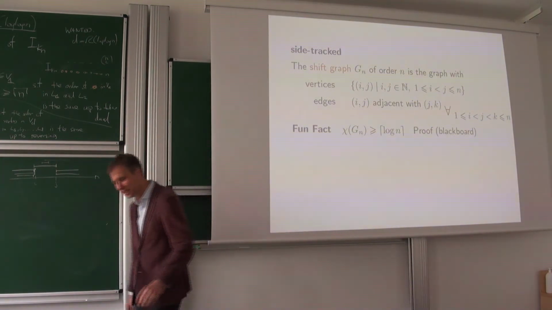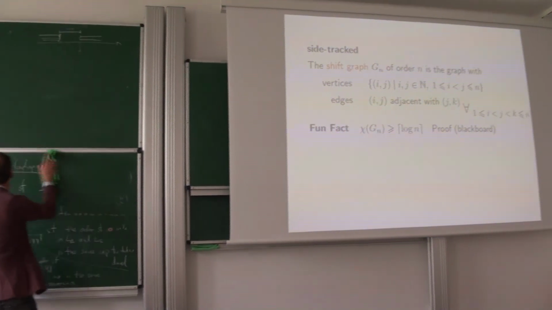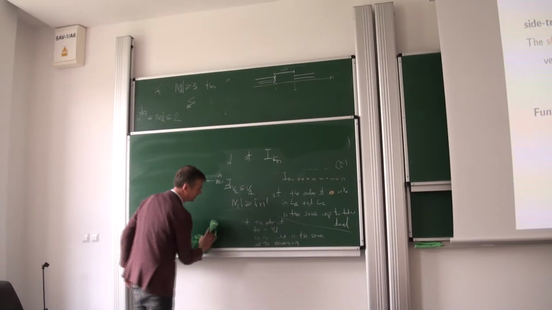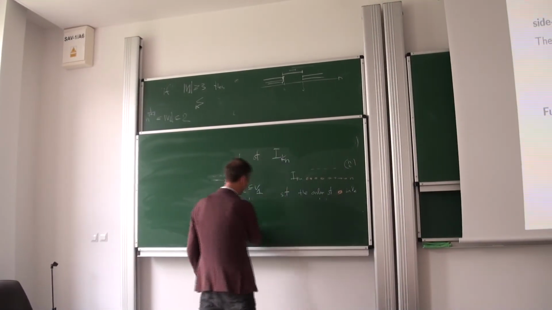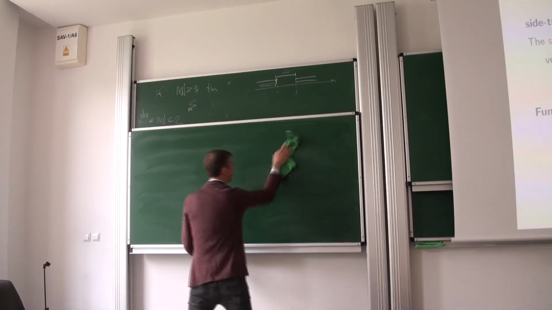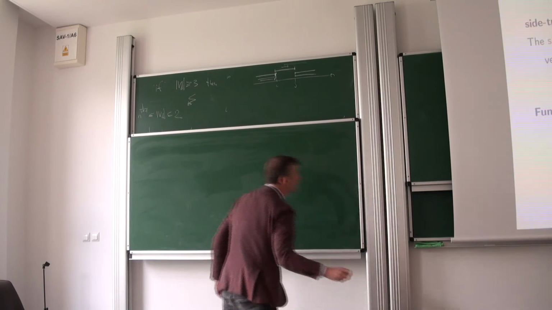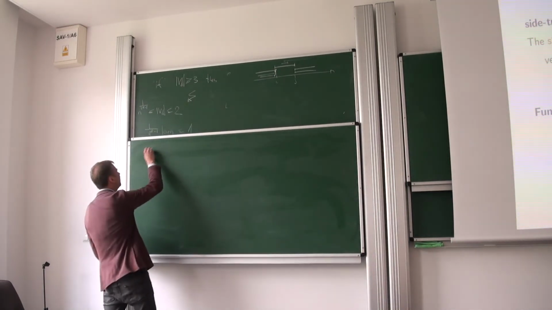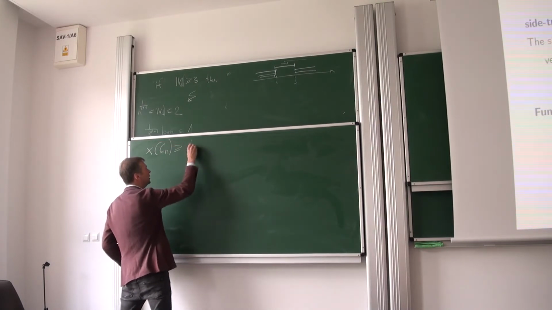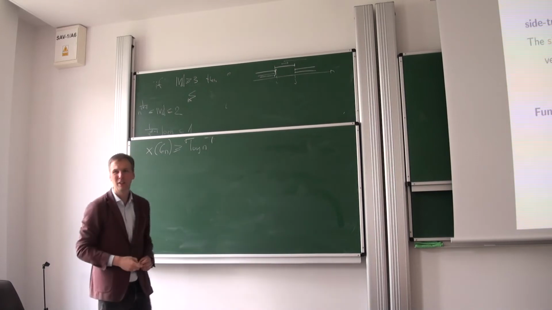Blackboard, okay. Can I prove it? Yes, I can. So chi of Gn is actually, this is the right number, by the way, exactly the ceiling of log n.